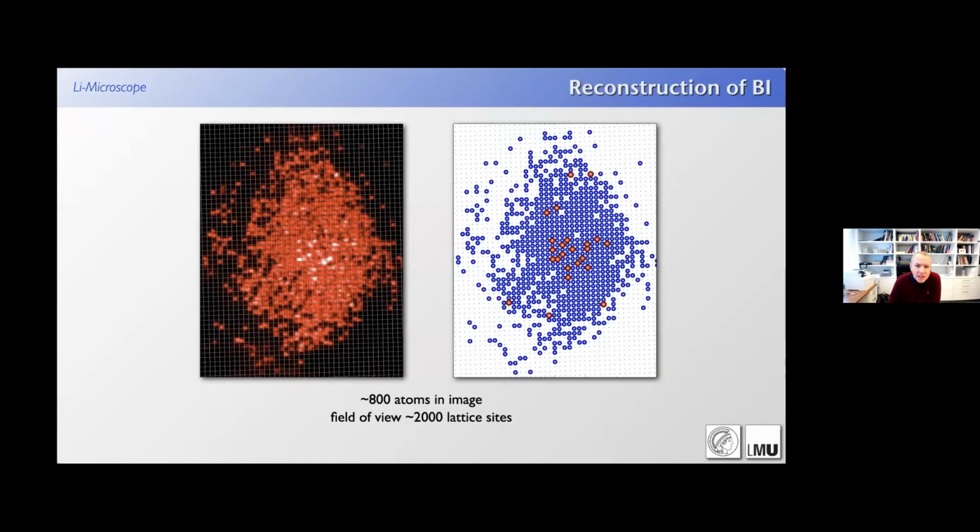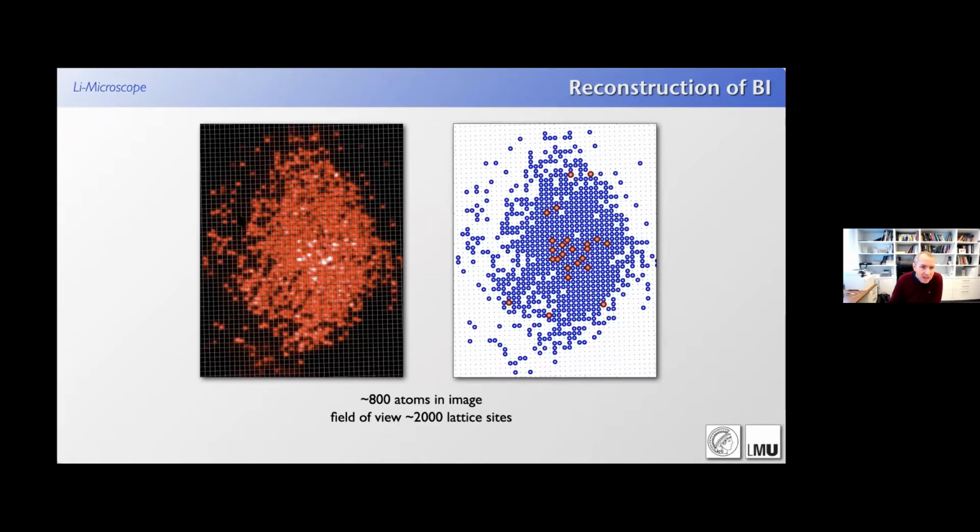Okay, let me first show you a little bit what you can do with such images. So let's say this is a single picture from our quantum gas microscope for lithium-6 atoms, for fermionic particles on the lattice. They are not imaged in a spin resolved way, but they are imaged in a density resolved way.